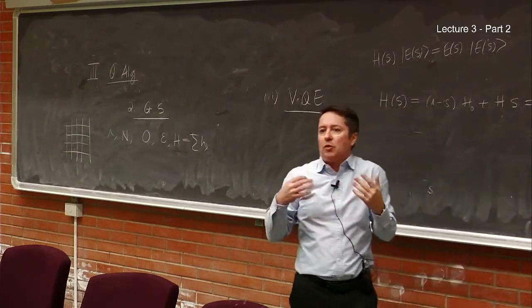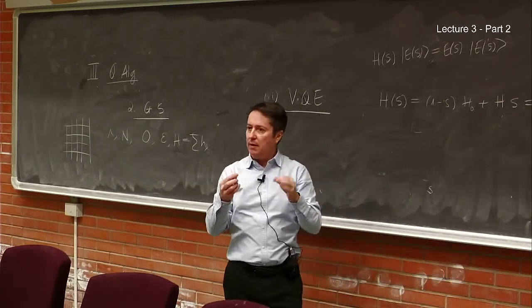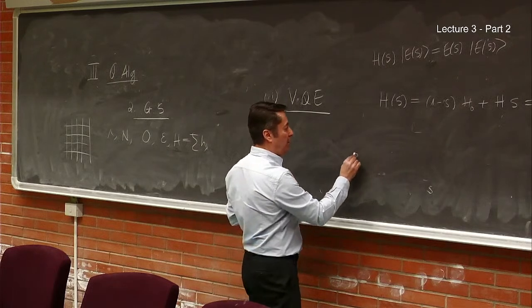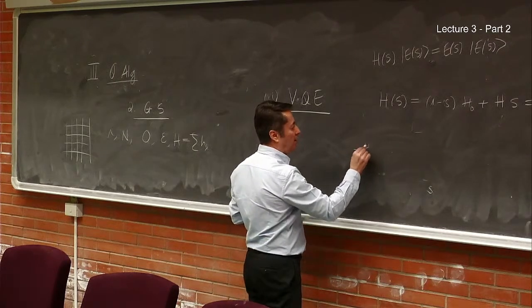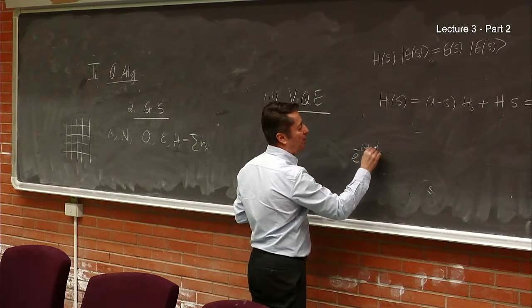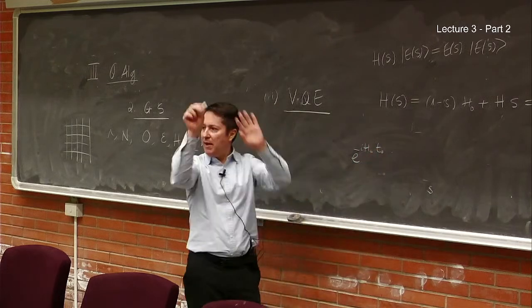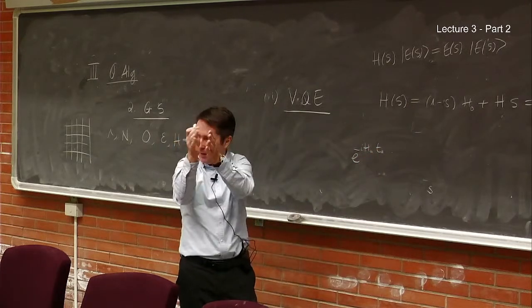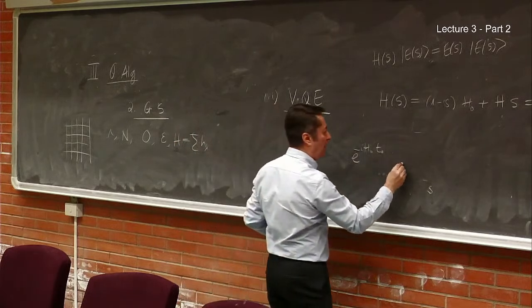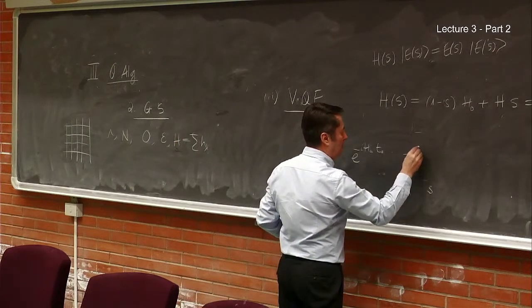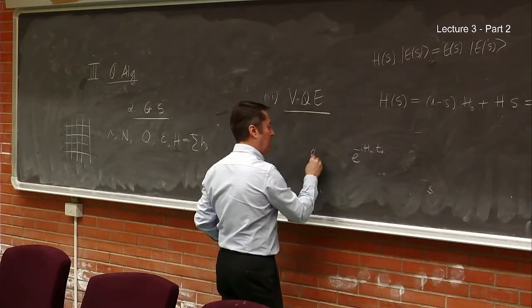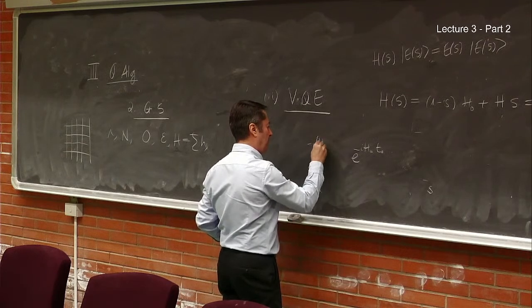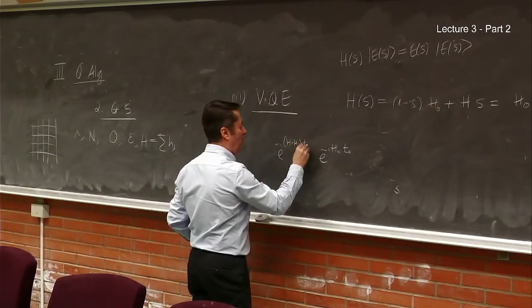So at the end your evolution is e to the minus i h0 t0, where t0 is very small, it is t divided by L, so sufficiently small that we can do this commutation. Then we have e to the minus i (h minus h0) for some time t1.